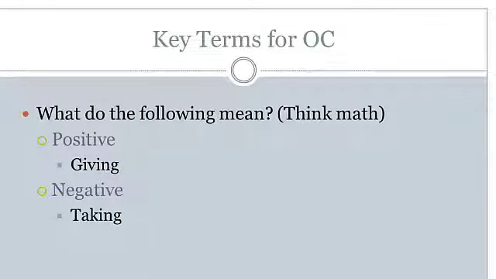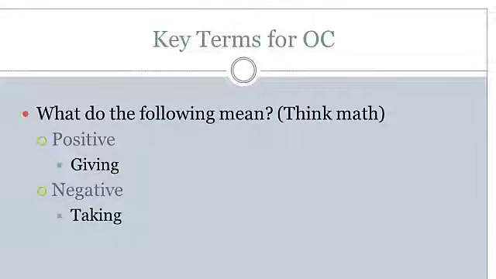So now we have positive and negative. And positive and negative can be applied to both reinforcement and punishment. There's a positive and negative reinforcement, and there's positive and negative punishment. So when you're trying to figure out whether something is positive versus negative, I want you to think math. In math, something positive has a plus sign, and a plus sign would indicate that something is being added.